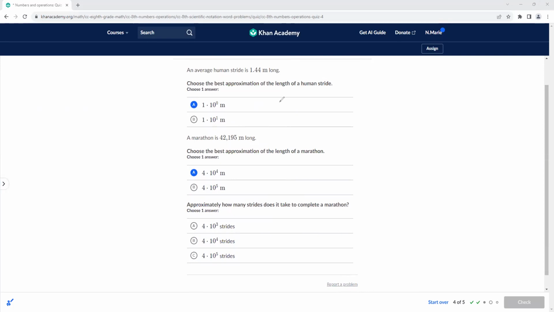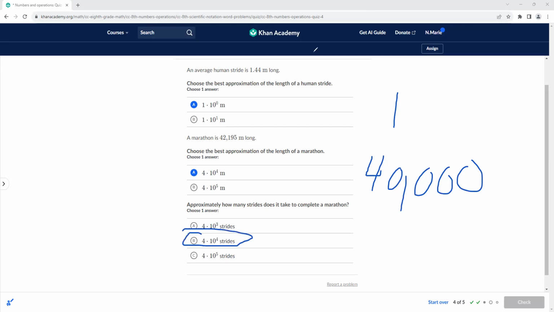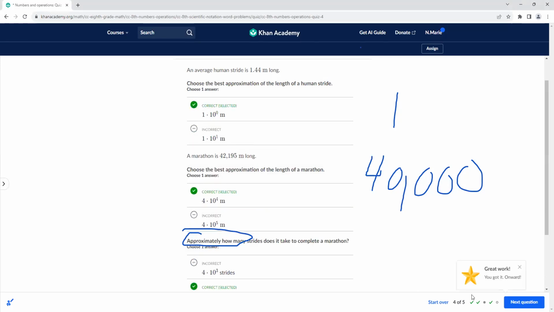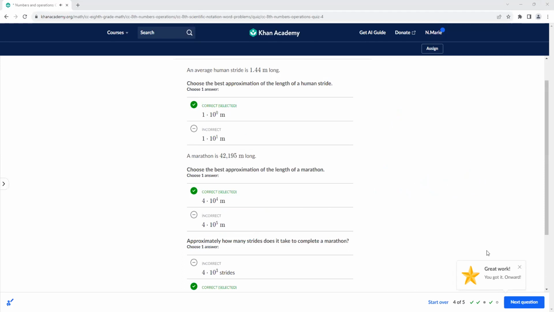If I were to put this in scientific notation, this would just be 1, and this would be 40,000. So it's 40,000 times more, which would be this one. It goes from 0 to 4. 1 times 4 is 4. Rules of exponents: when multiplying, you add.